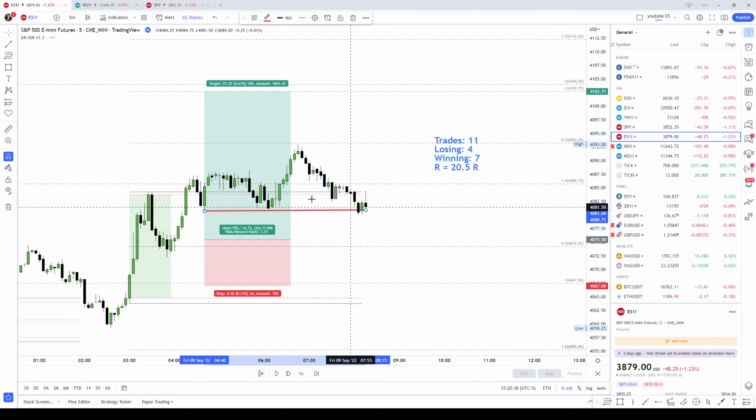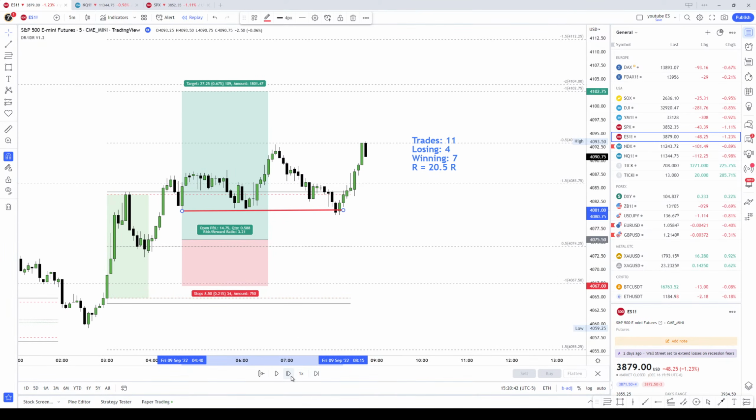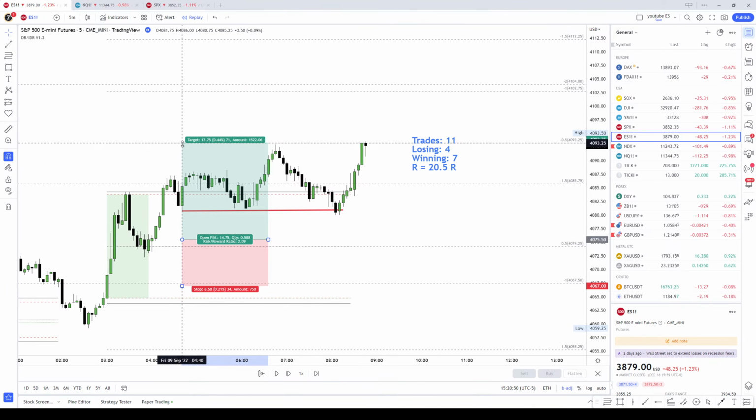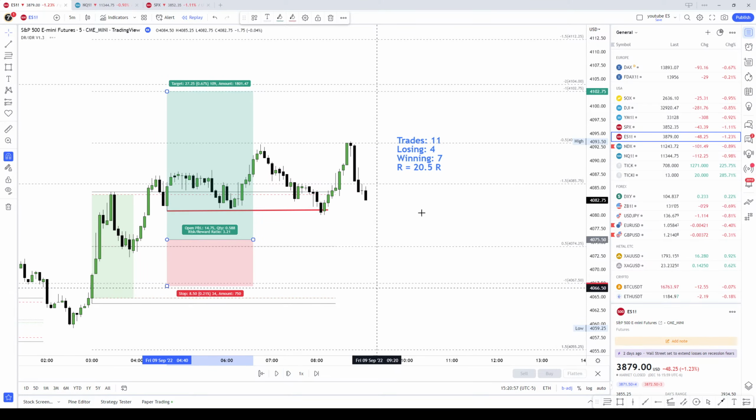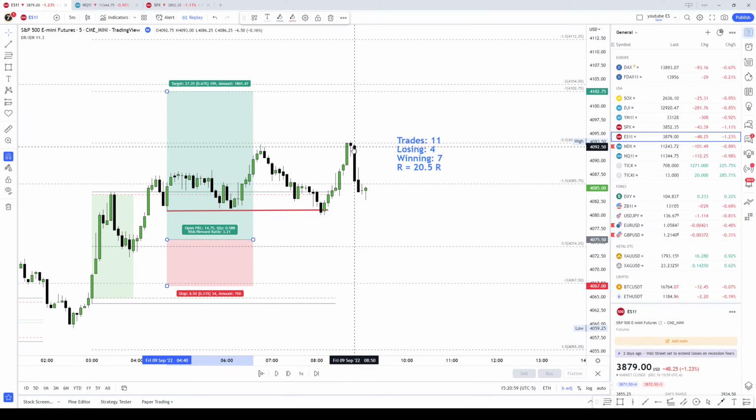Yeah, so we take this out, we take the sell side liquidity over here, and now price should go straight up. So we take our first partial over here, which would be 50%. So that's 1R, getting rejected. Beautiful rejection from the 0.5 retracement.